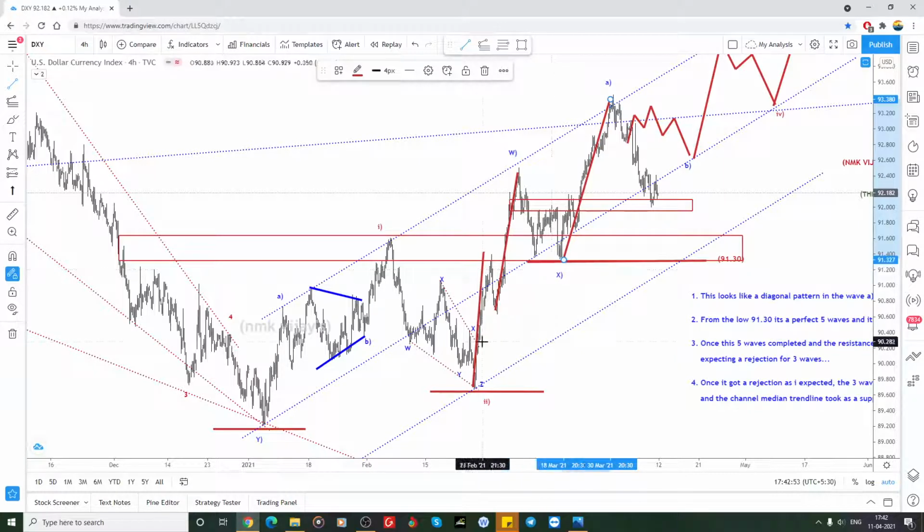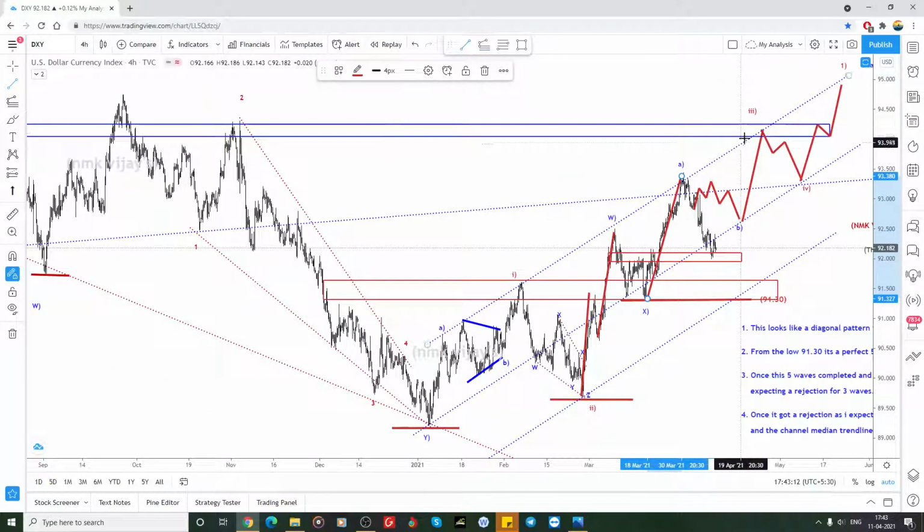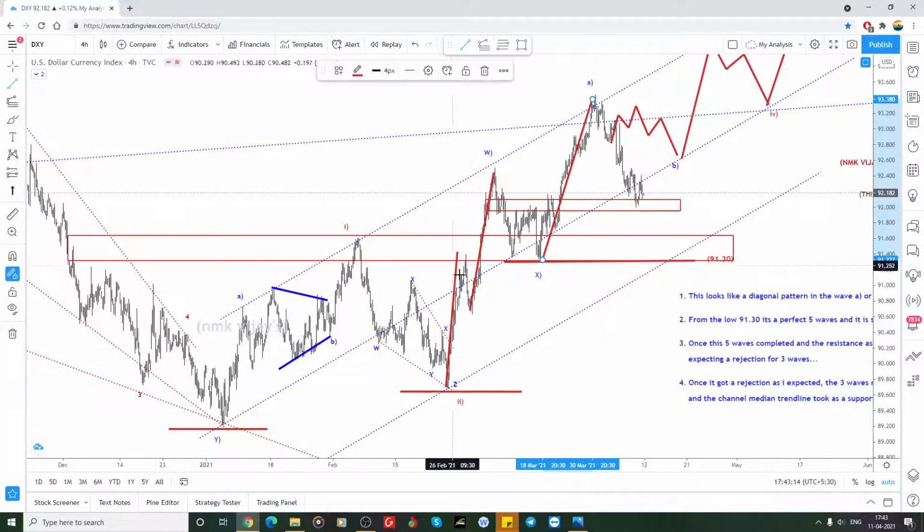So this could be a completion of A also. ABC is a 1, ABC is a 2, so the whole thing becomes A also, because I am expecting this ABC as a 3, ABC as a 4, ABC as a 5, so that is also valid. Otherwise 1, 2, 3, 4, 5, the whole thing becomes A, so we are in the bigger B wave.